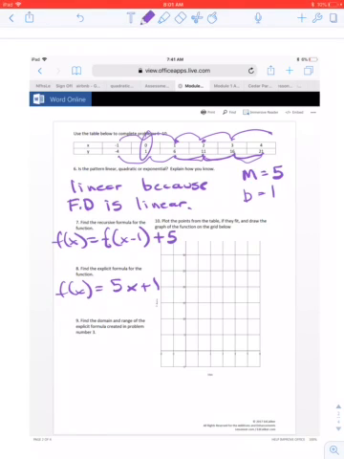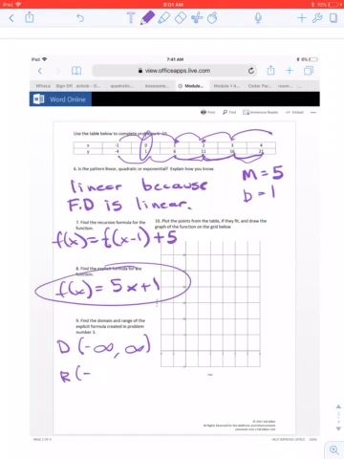Find the domain and range. If this is our function, we know that domain can be anything. And we also know that the range can be anything.